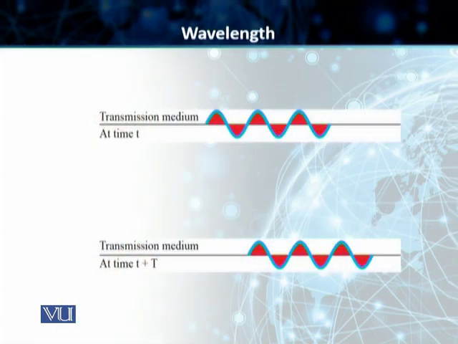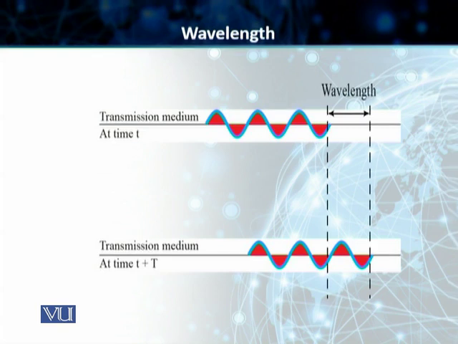Students, as you can see in this figure, I'm showing you a sine wave at two different intervals. At time t, in a particular transmission medium, we have our sine wave or our periodic analog signal. And then the second snippet shows the same sine wave at time t plus capital T, where capital T, as usual, represents our period.